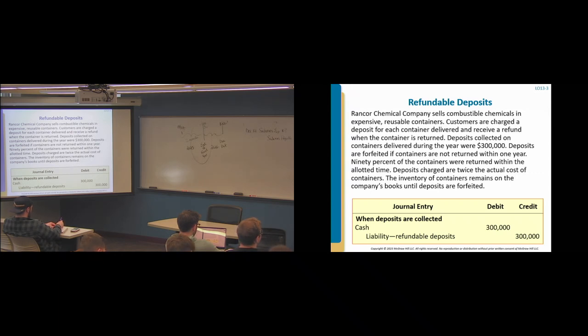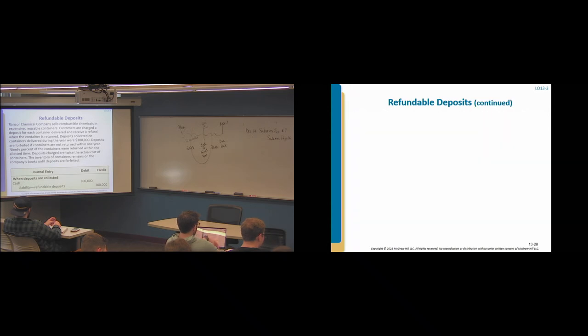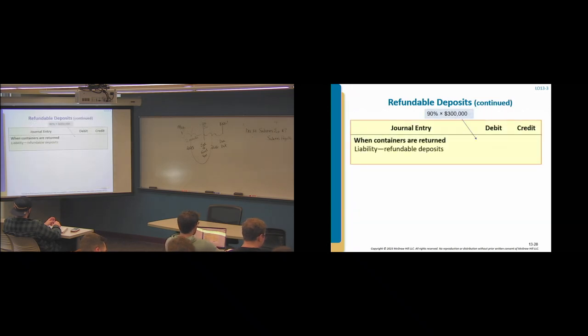Okay, now, the problem says that 90% are going to be returned. So what does that mean as far as the cash I just received? 90% of that I'm giving back, right? So in the next slide, containers returned, 90% of the 300,000 is going to be sent back.